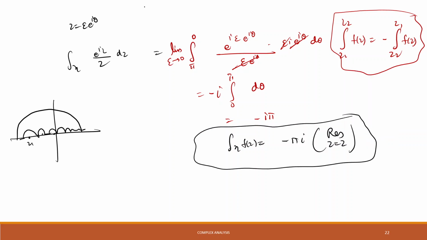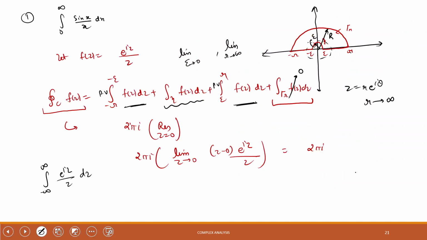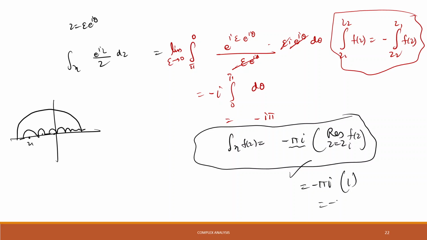If you don't want to calculate the integral over the smaller arc using this method, you can use this direct formula, minus pi I times the residue of this function at z equal to zi. Let me show you how. It is minus pi I times the residue calculated at z equal to 0. At z equal to 0, we have seen the residue is 1, so you will get 1. So this is minus pi I.